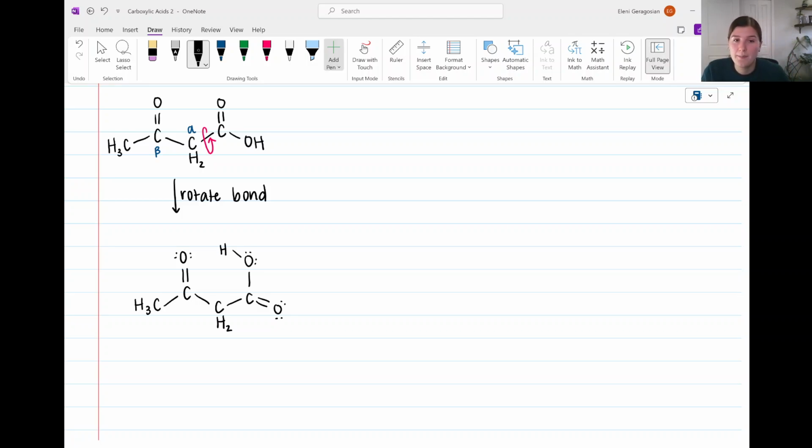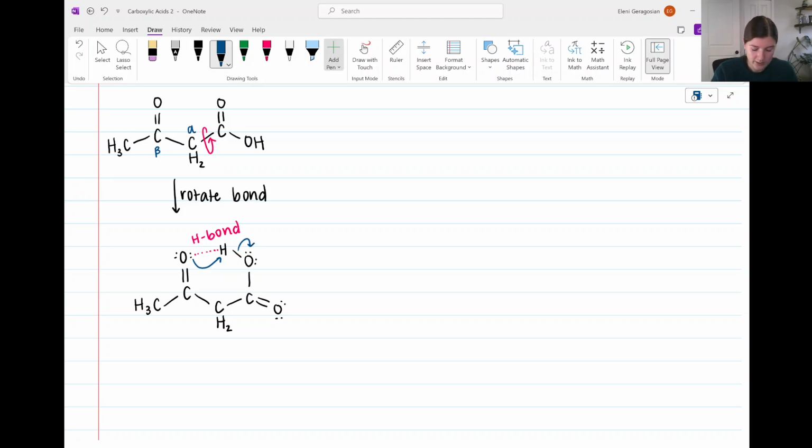So when we have a beta keto acid, that oxygen that's part of the ketone part of the molecule can form a hydrogen bond with the hydrogen that's from the carboxylic acid part of the molecule. So here we're representing a hydrogen bond. Now this sets up the next part of the reaction nicely, where the ketone oxygen will formally form a bond to that hydrogen.